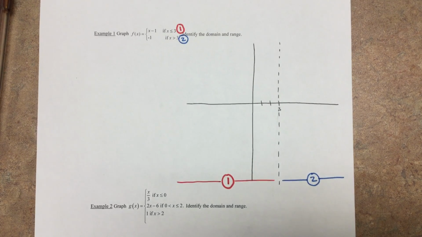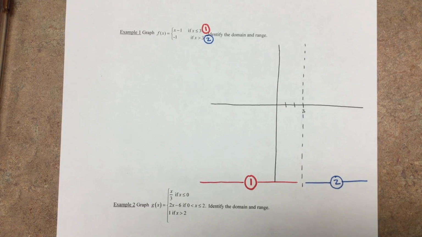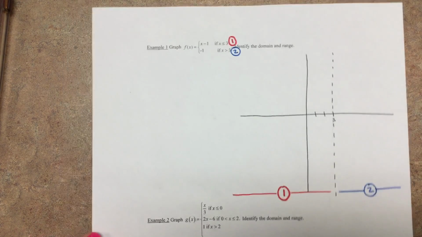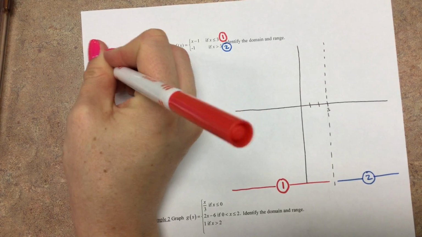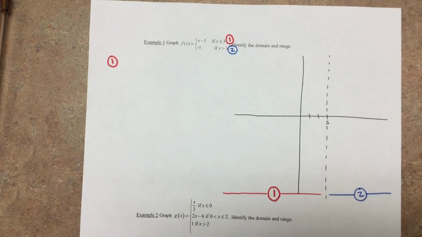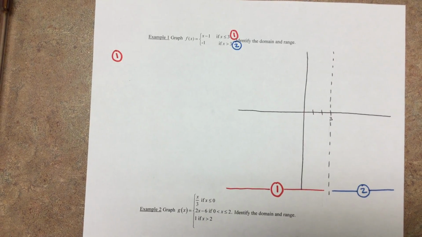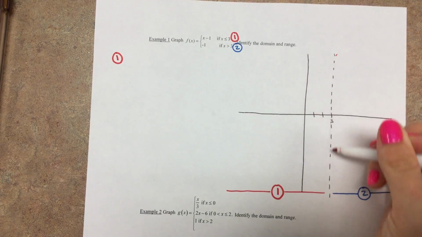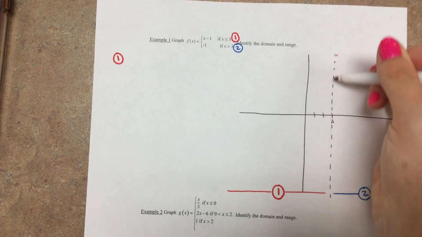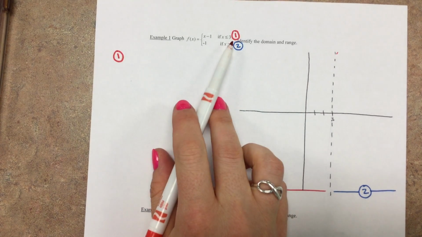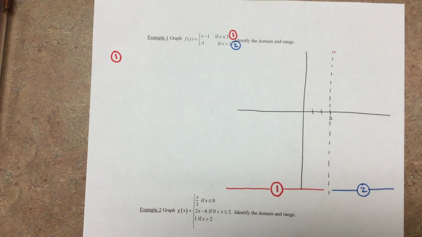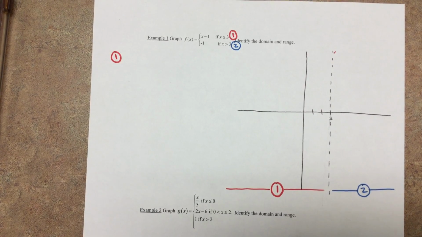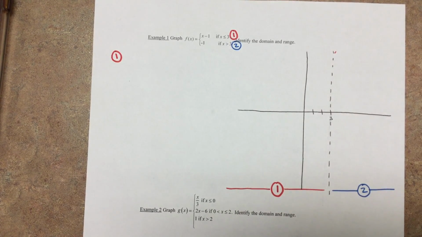Okay, so then next thing we're going to do, so we've got this fence down the middle here, so we're going to start with graph number 1 over on the left hand side here. So graph number 1, we'll get all our work in. So very first thing we're going to do is we're going to plug in the point that would be right here, because we want to see where this graph would be right on this line. So since 3 is the dividing line, that's the very first x value that we're going to plug in. So that's every time, no matter what, you always start with this x value that they give you.